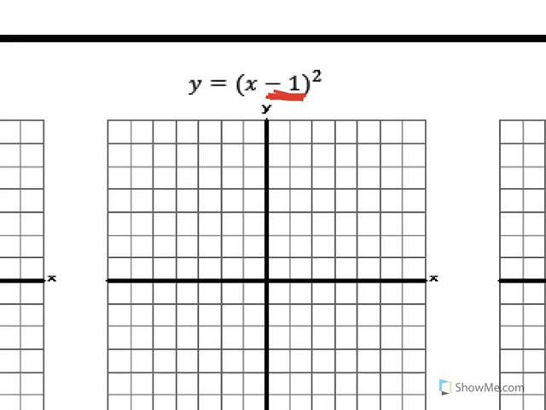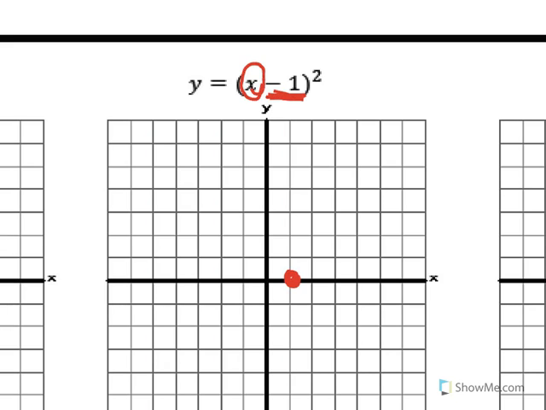And you say, well, how do I know which way to move it? One over which direction, up or down, left, right? Since we're on the x-axis and there's an x right here, I'm going to move it on the x-axis 1 to the right. So make your dot right there at 1, 0.